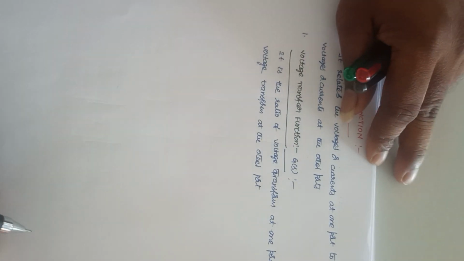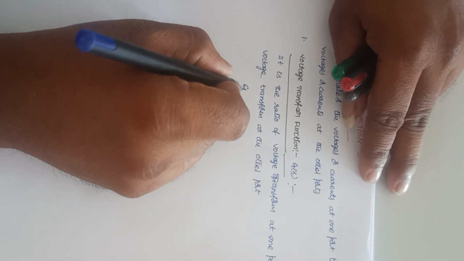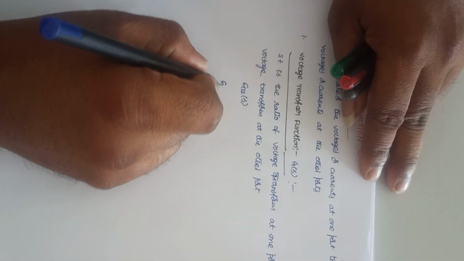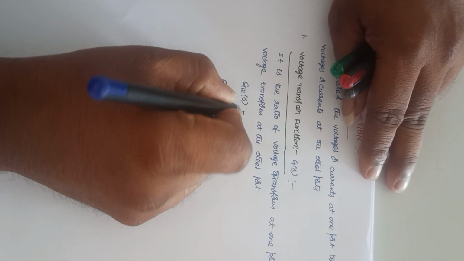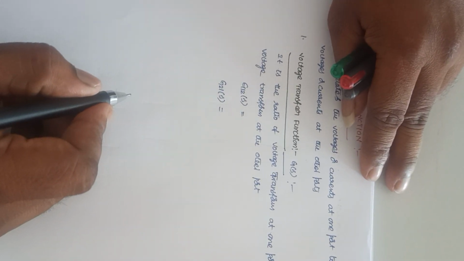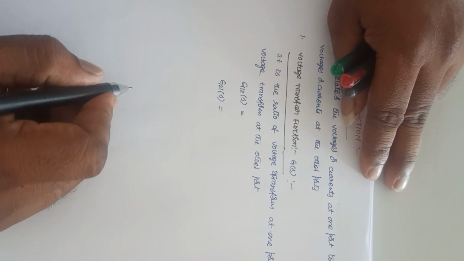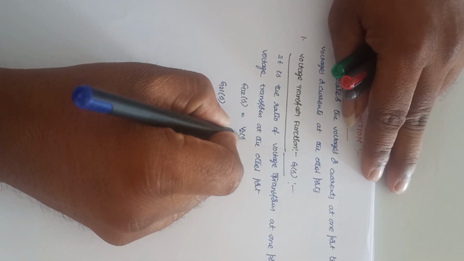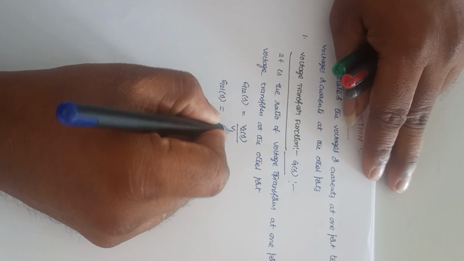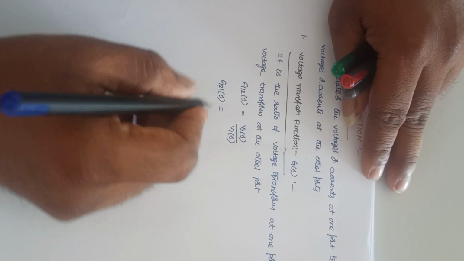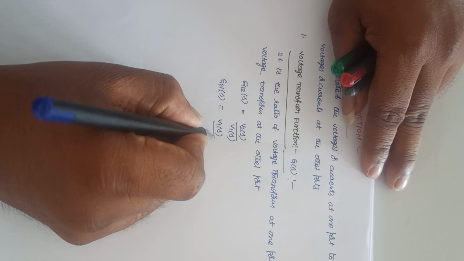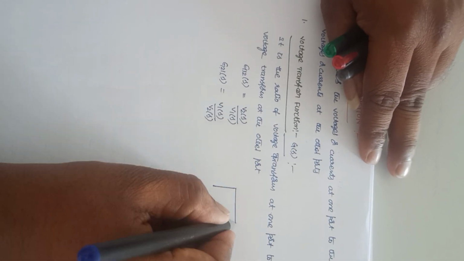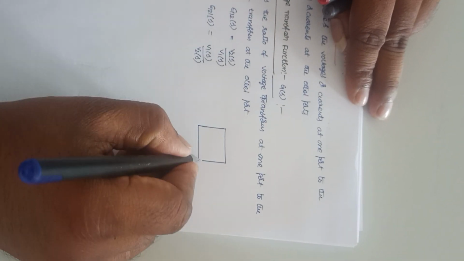So let me expand here. G12 of S and G21 of S, these two voltage transfer functions will exist. G12 of S is equal to V2 of S divided by V1 of S. G21 of S is equal to V1 of S divided by V2 of S. Let us consider a two-port network here. It is a two-port network.